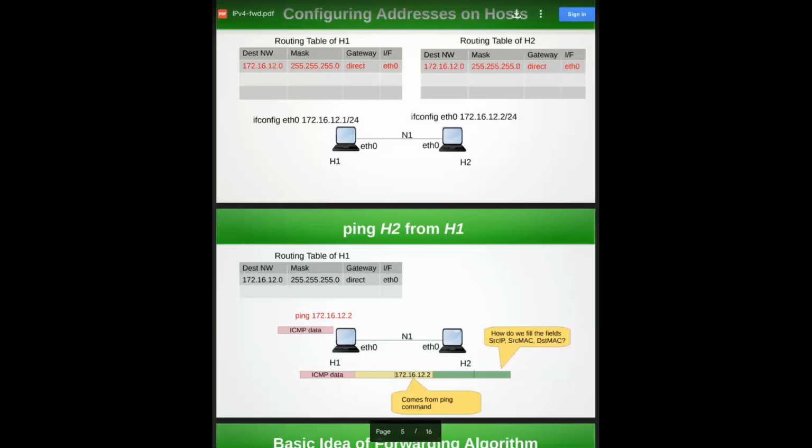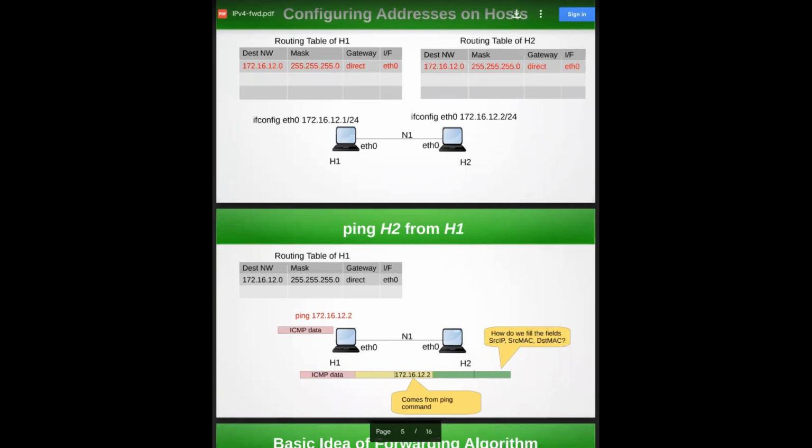Okay. So the destination IP address comes from the ping command. So that is filled in the IP header. The question is, there are other fields too, but I'm most interested in these fields.